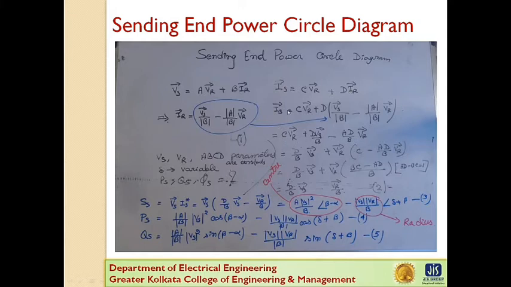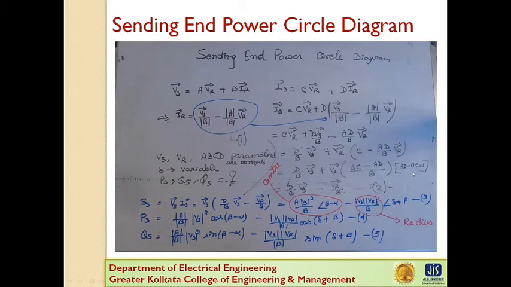Now on solving this we get C VR plus D VS by B minus DA by B into VR. Now I take VR common. So it becomes D by B VS plus VR into C minus AD by B.